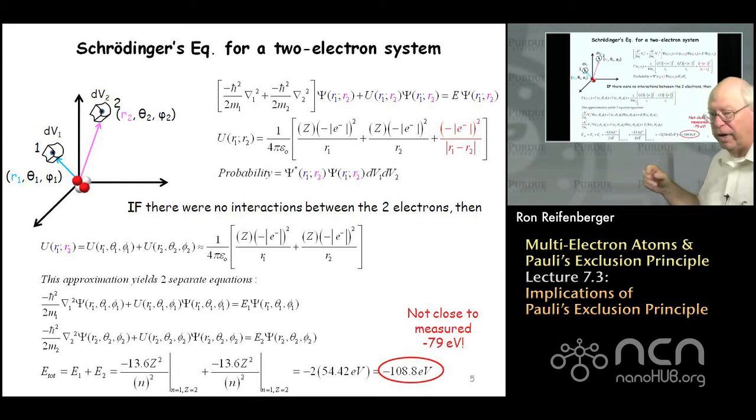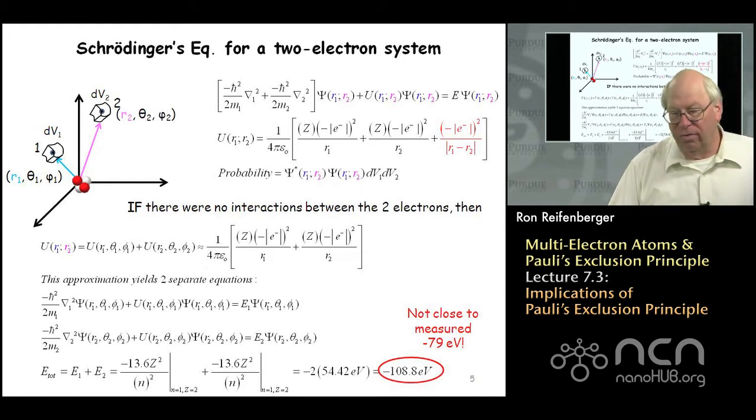They're single particle Schrödinger's equations, and they involve single particle wave functions, because the wave function is just a function of the coordinates that describe electron 1, or the wave function is just a function of the coordinates that describe electron 2. So this separation follows naturally once this term here is neglected.